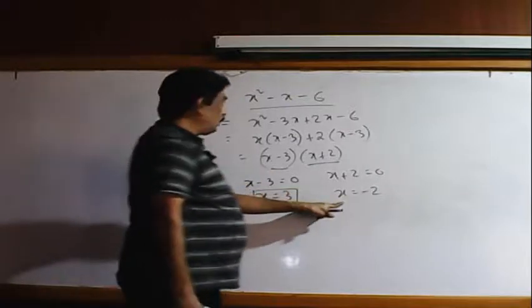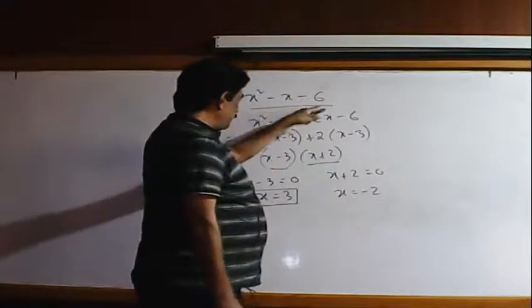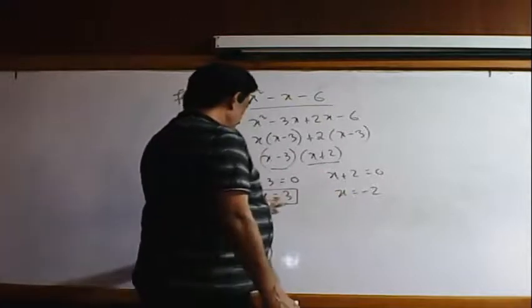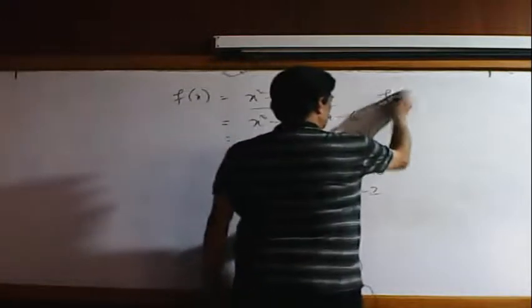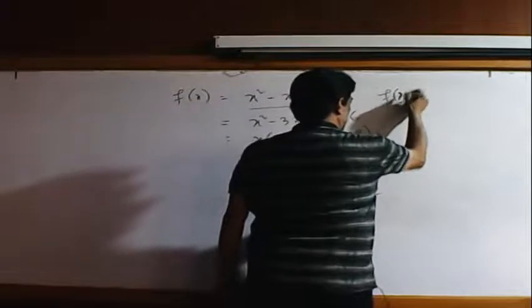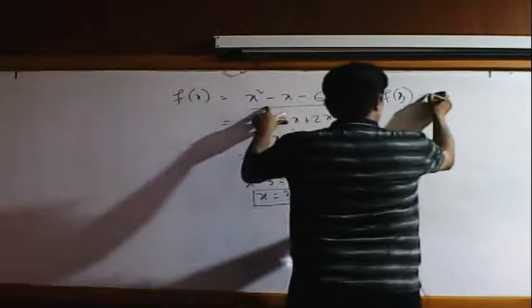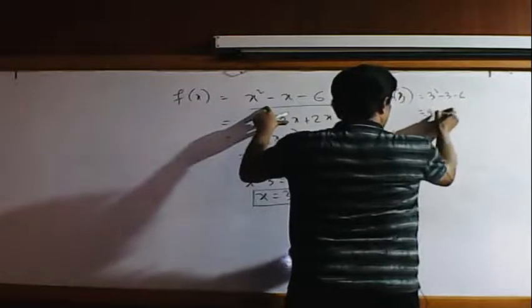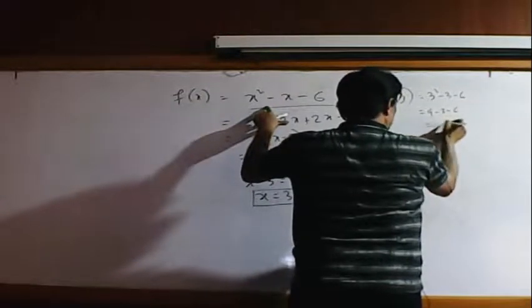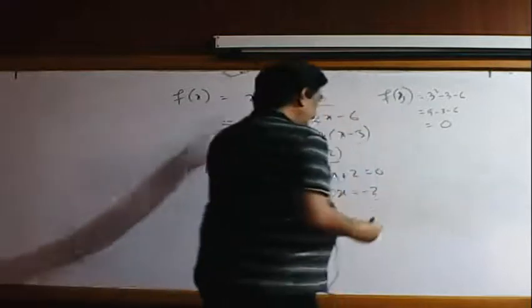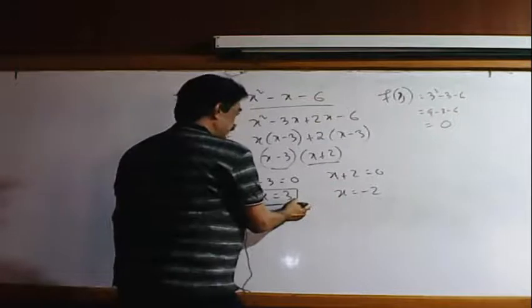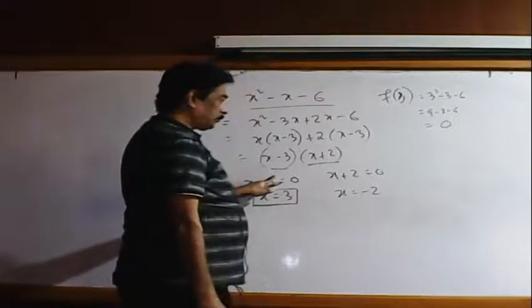If I put x equal to minus 2 and the expression value becomes 0, it is proved that x plus 2 is one of the factors. Now we can write f(3), means x equal to 3. So 3 square minus 3 minus 6, so 9 minus 3 minus 6, the expression value is equal to 0. It is proved that as x equal to 3, the expression value is equal to 0, then x minus 3 is one of the factors.